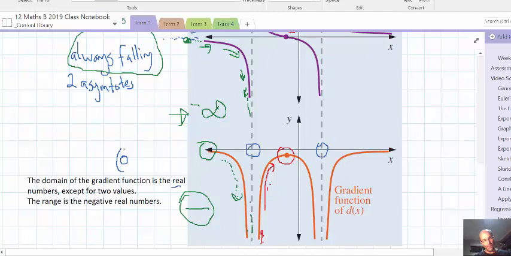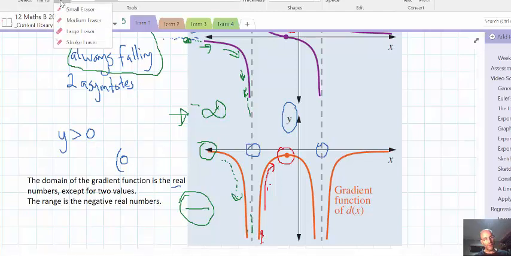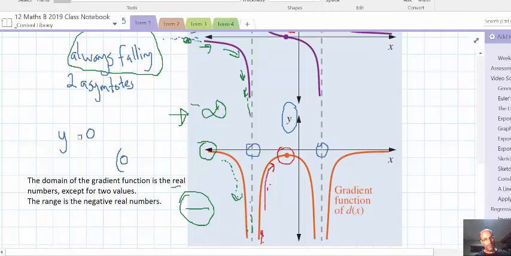So in other words, for the range, if we're going to use y, y is all values less than 0, my apologies, because it's negative, so not including 0, less than 0, so all negative real numbers.